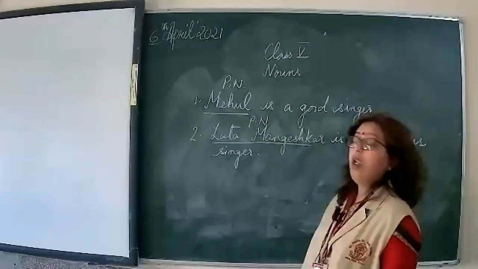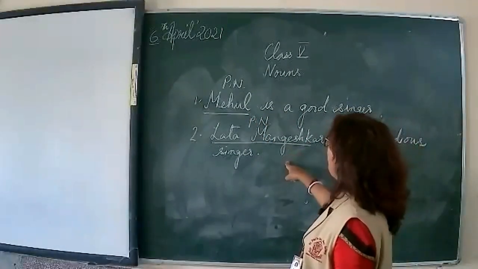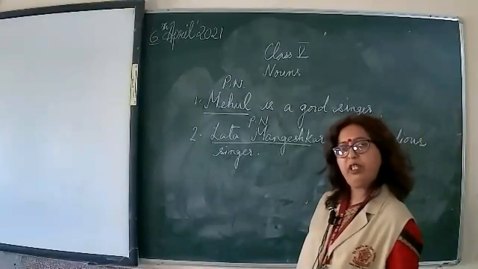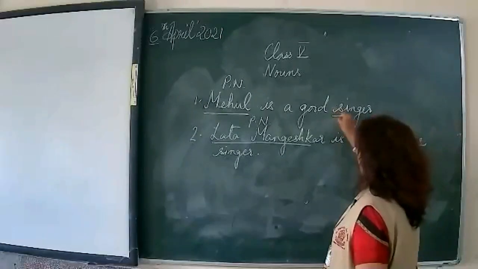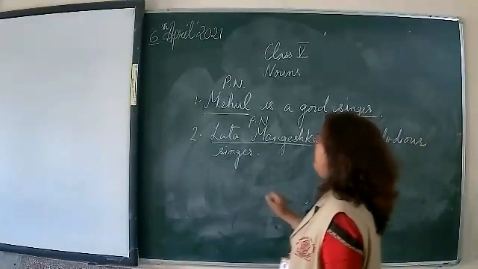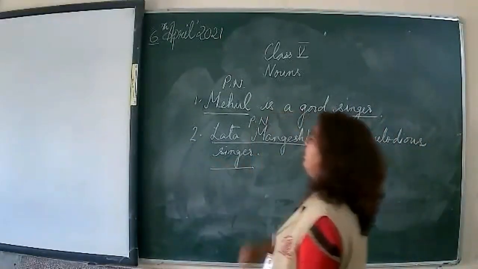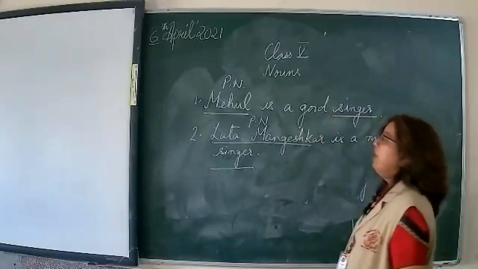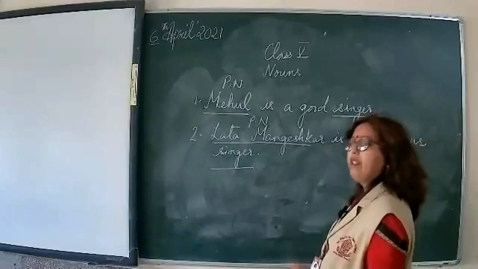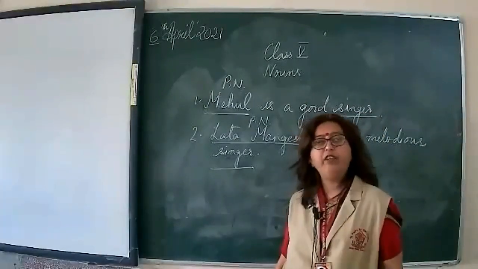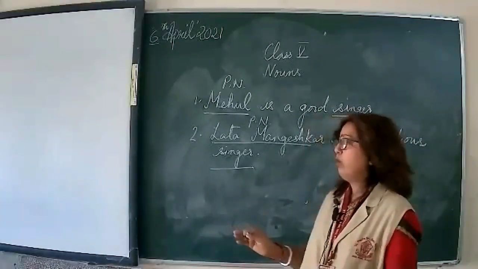Proper noun. Now, if this is proper noun, do we have any more nouns in the same sentences? Definitely. There is a noun here. There is a noun here. Okay. So, these are again nouns, but they don't identify anyone as particular. Okay.